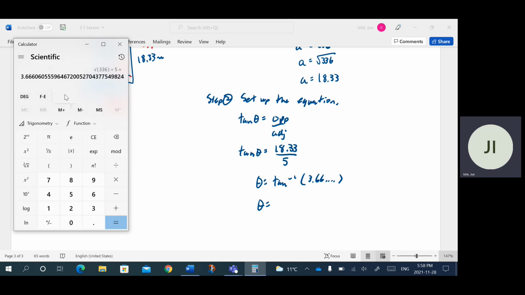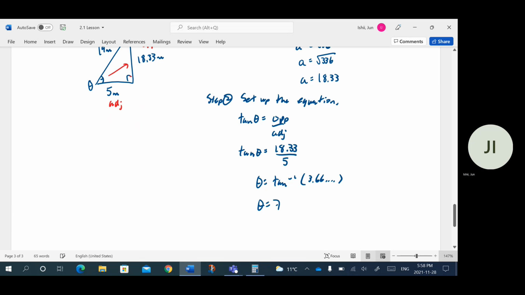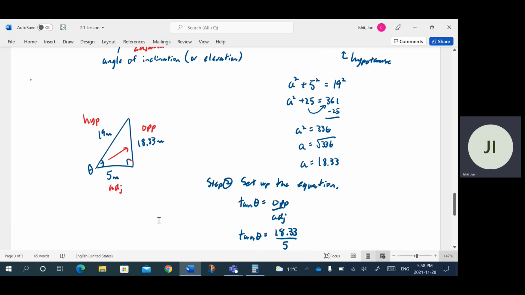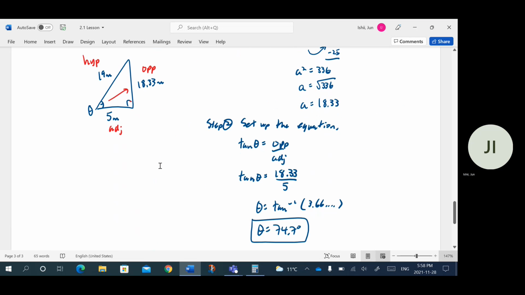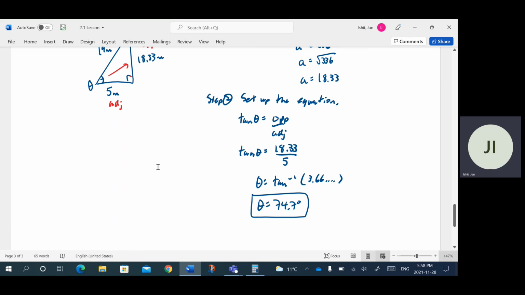I want to find the tangent inverse, so second tangent. And as it turns out, it's 74.7 degrees. So that would be the measure of this angle here. All right, cool. So that is the tangent ratio. All right, the first lesson is trigonometry.